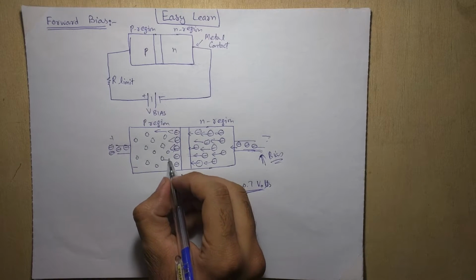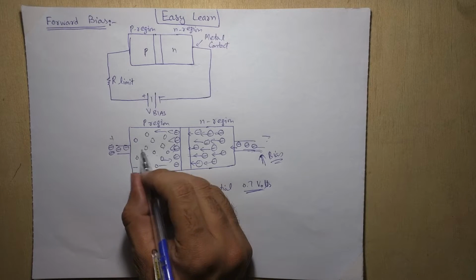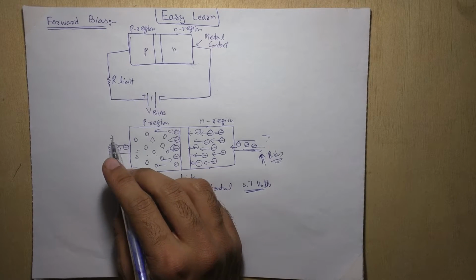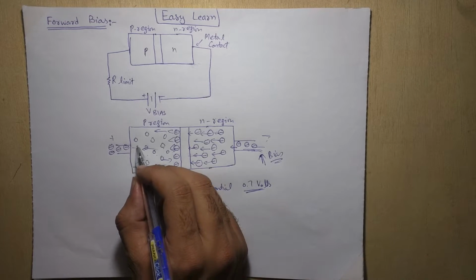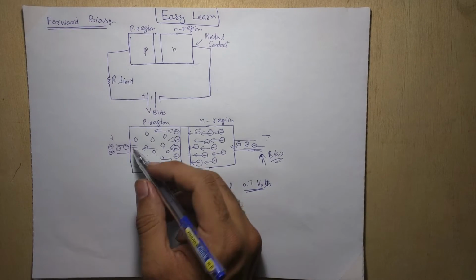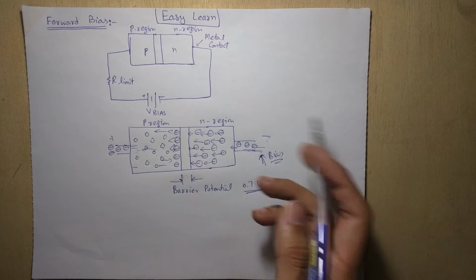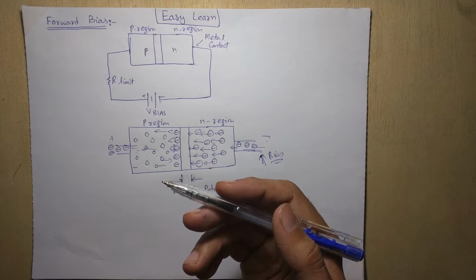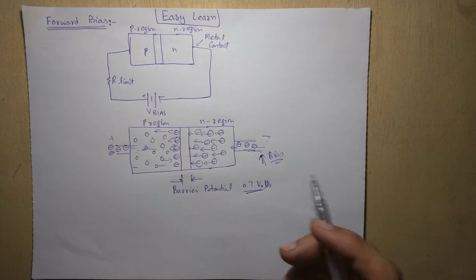When the electrons come here and then here, because positive and negative attract each other, the electrons move and go out of this semiconductor material through the positive terminal.